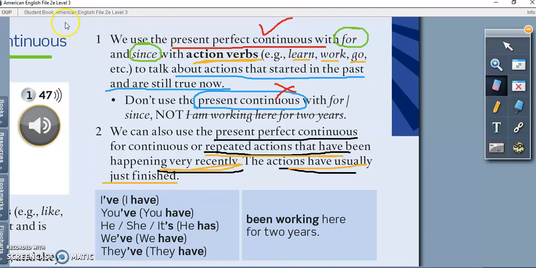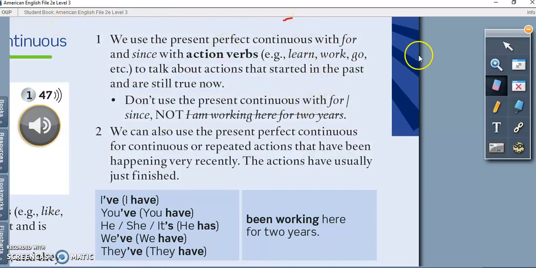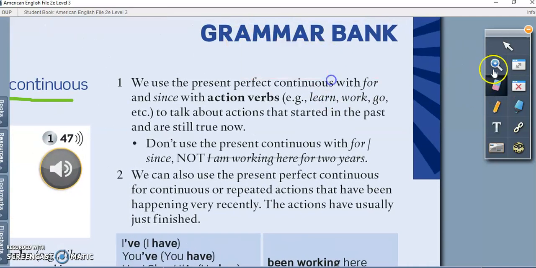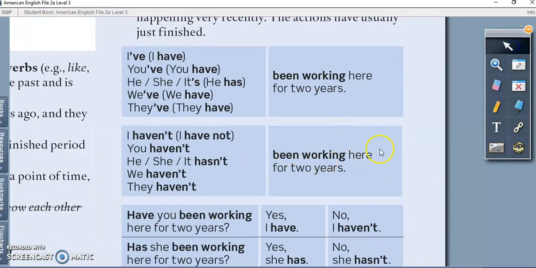We're going to use it for these two things. Then we have over here the structure. We have a chart with the structure.